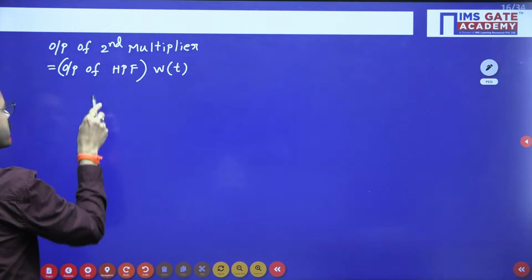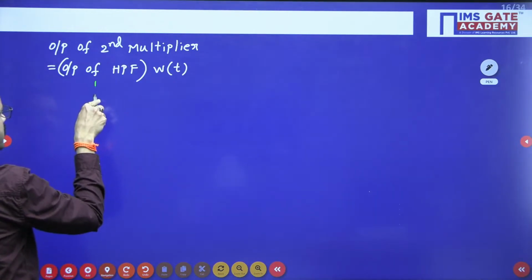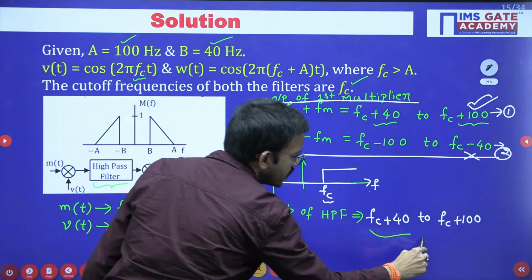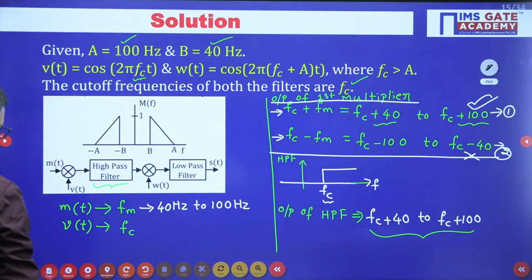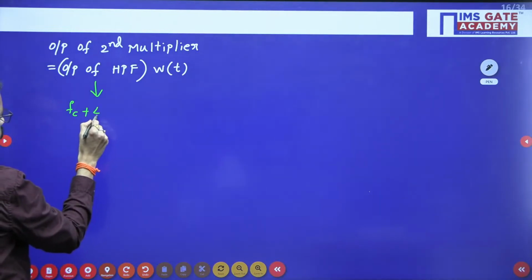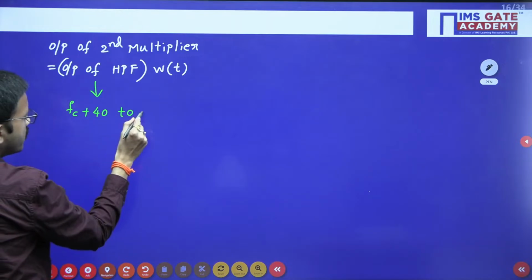Regarding the output of the high pass filter, we got the frequency range Fc plus 40 to Fc plus 100.